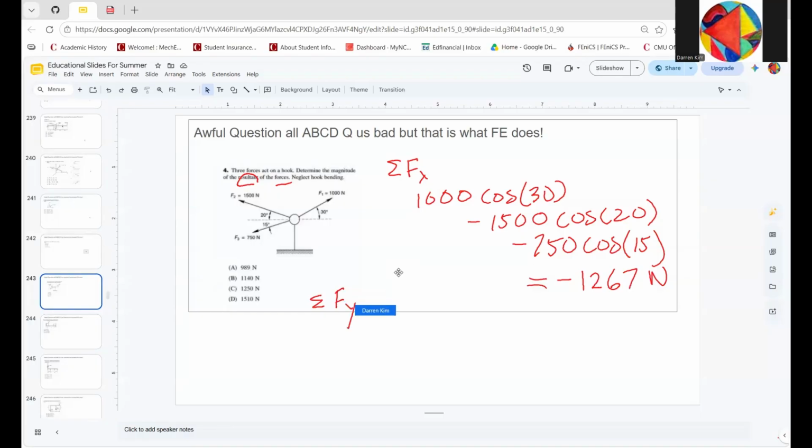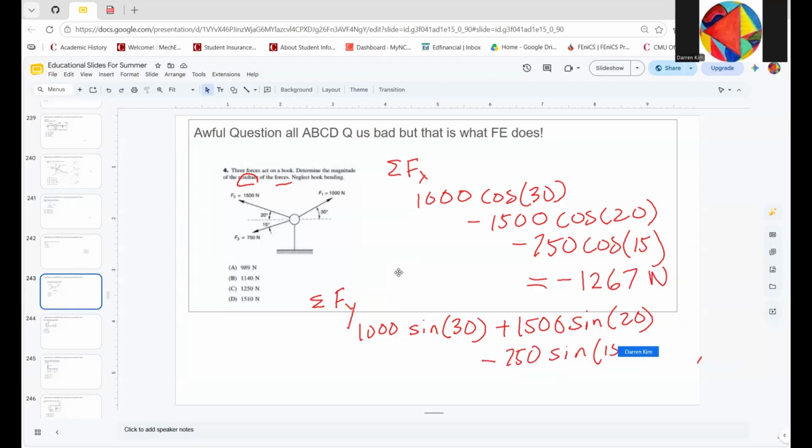Summation of Fy equals 1000 sine 30 plus 1500 sine 20 minus 750 sine 15 equals 818.